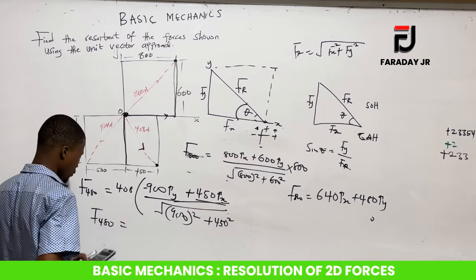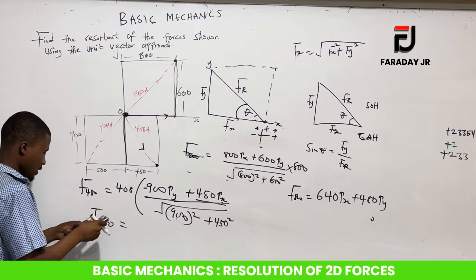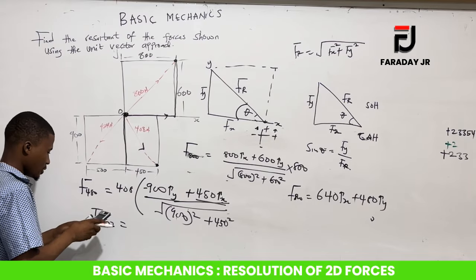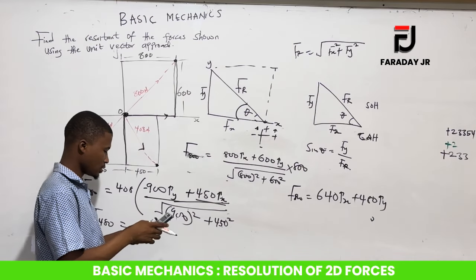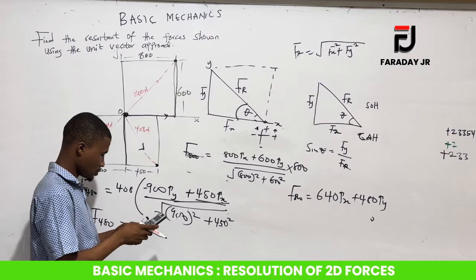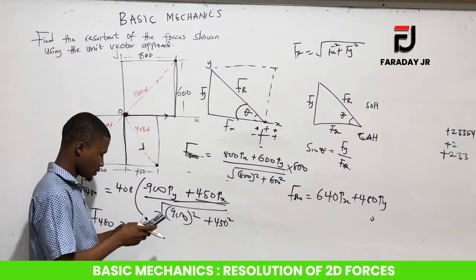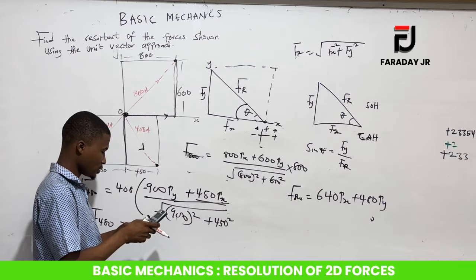So it means that my force 408 will now be equal to, on the calculator, 408 bracket minus 900 all over root of 900 squared plus 450 squared.